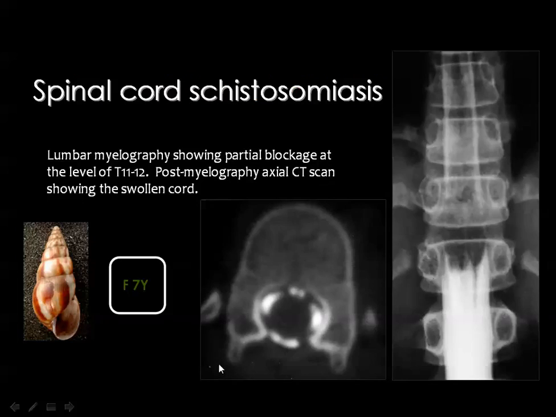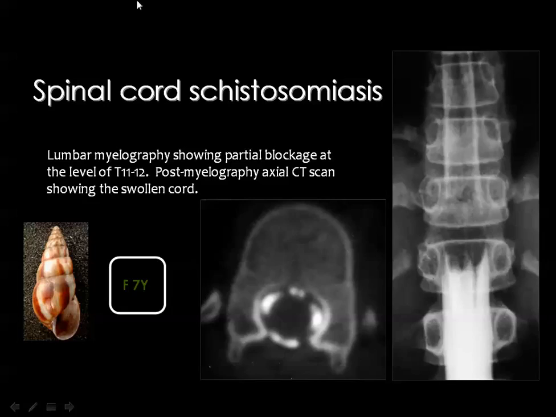Then we come to an inflammatory lesion, which is also well known in the spinal cord, which is schistosomiasis. And this lesion has multiple criteria for the diagnosis.